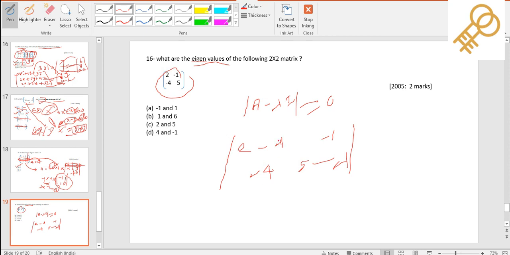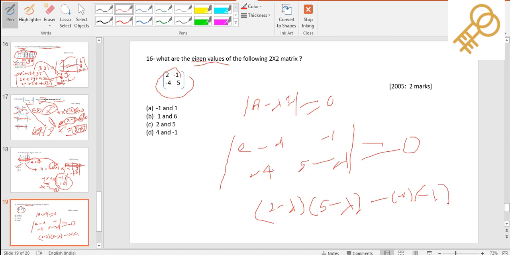And if you solve this determinant, you multiply 2 minus lambda into 5 minus lambda, minus 1 into 4.